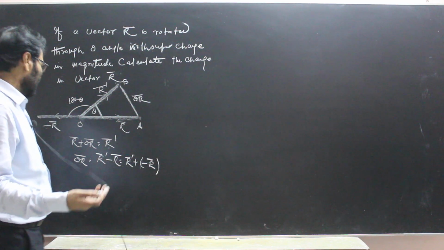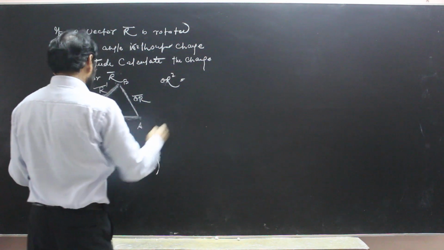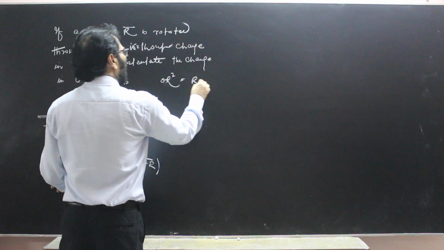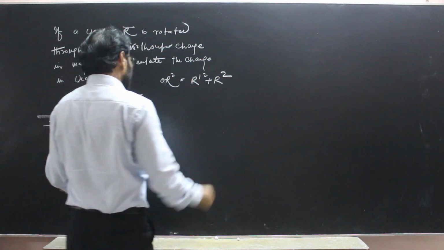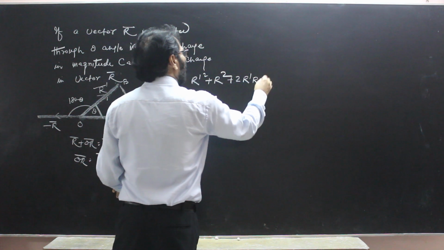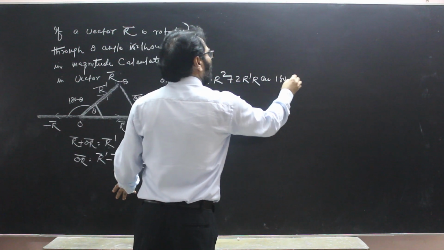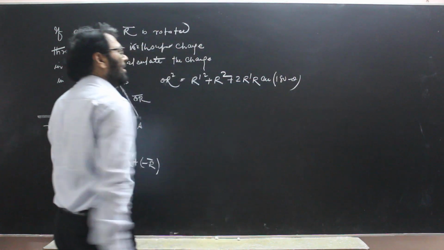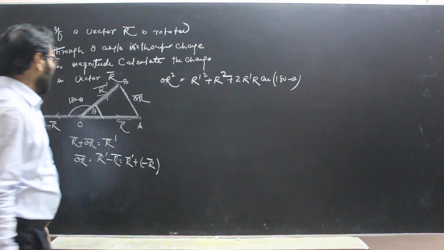So now delta R square is R dash square plus R square plus 2 R dash R cos 180 minus theta, where theta is the angle between R and R dash.